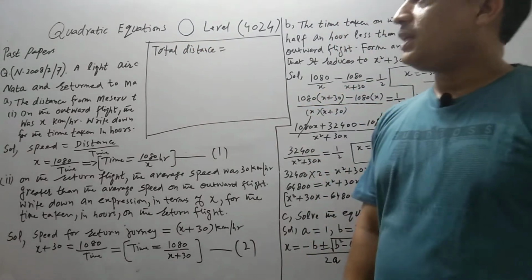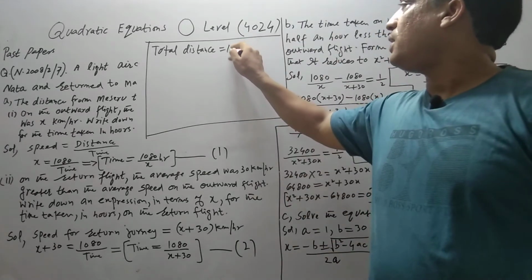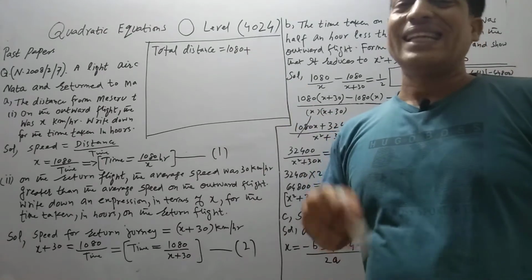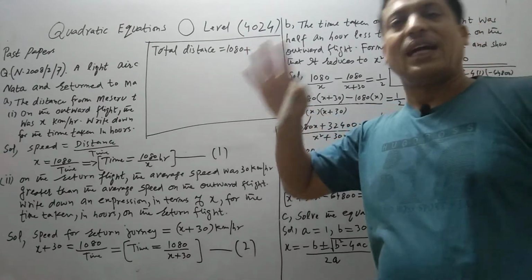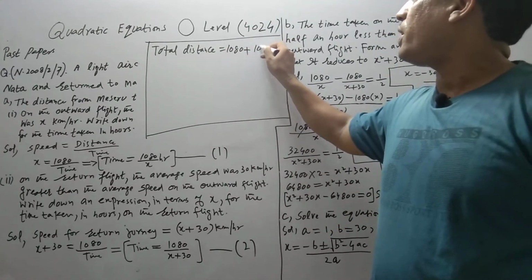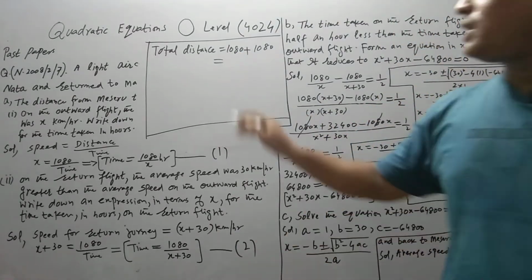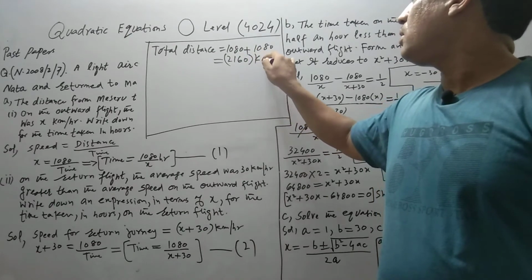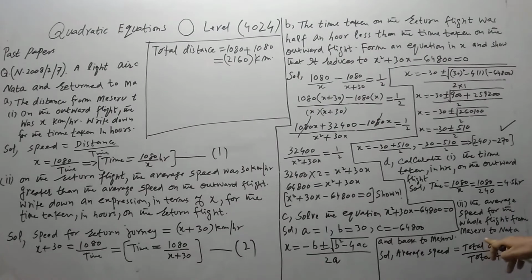You know that distance from Maseru to Nata is 1080, and I already told you the distance doesn't change. From Maseru to Nata is 1080, then Nata to Maseru is also 1080. What is the answer? 2160 kilometer. So total distance is 2160 kilometer.